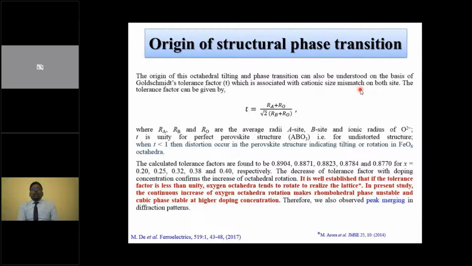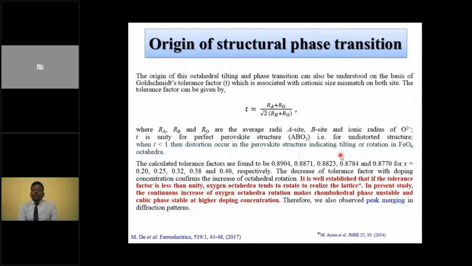For the octahedral tilting, we can correlate the basis of it by using the tolerance factor formula. It is well established that as the tolerance factor gets lower, there must be some octahedral rotation inside the crystal.